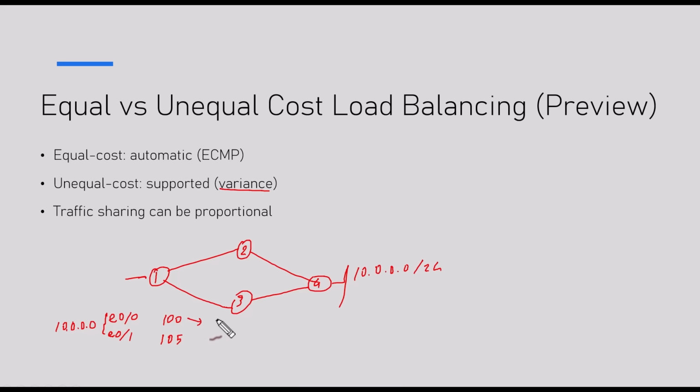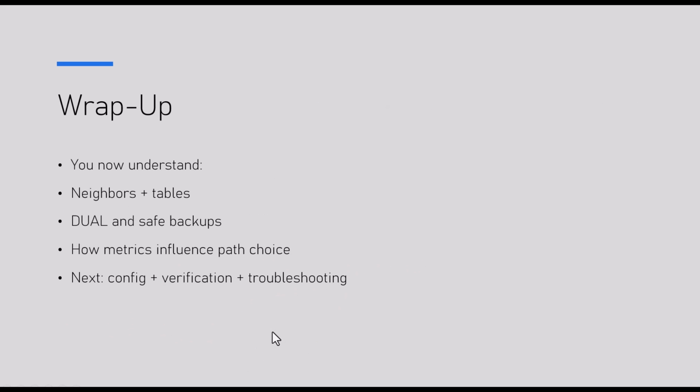So 100 times 2 is going to give me 200. Anything that is less than 200 is going to be used in here. So 105 is going to be eligible for me. So this is what we call unequal cost load balancing, or UCMP, actually, multipathing, not load balancing, UCMP, and that is only supported in EIGRP, which is a very, very great feature.